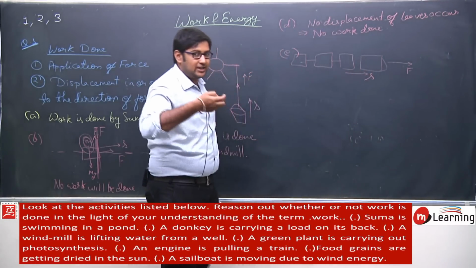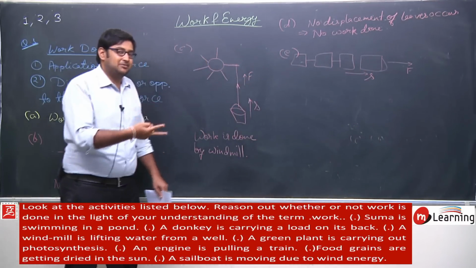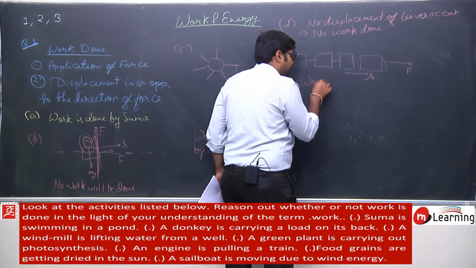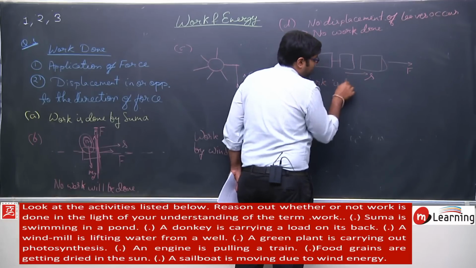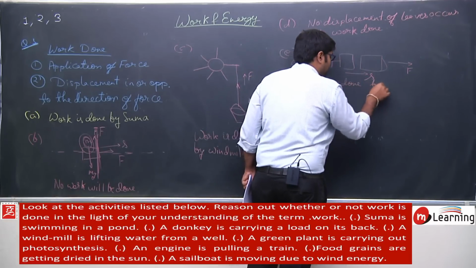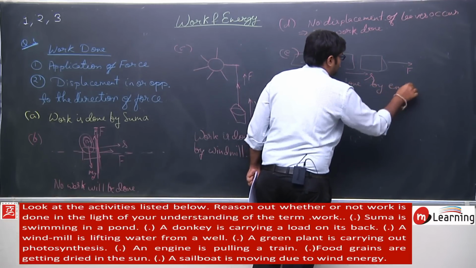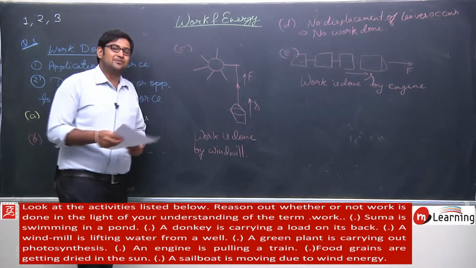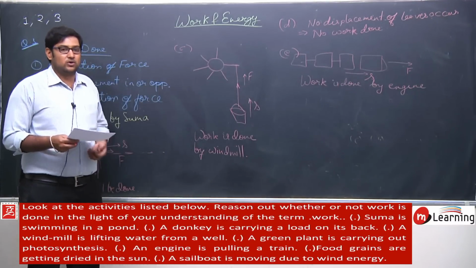So force and displacement are both in the same direction, so definitely work is done by the engine. It simply means that the engine has to do some work to carry this load.